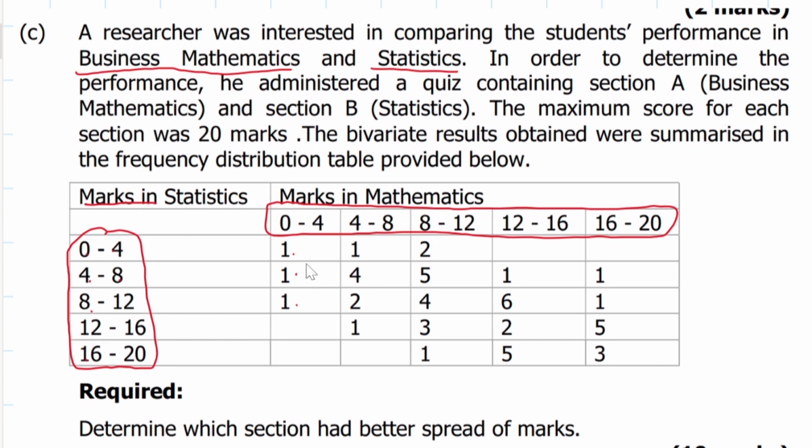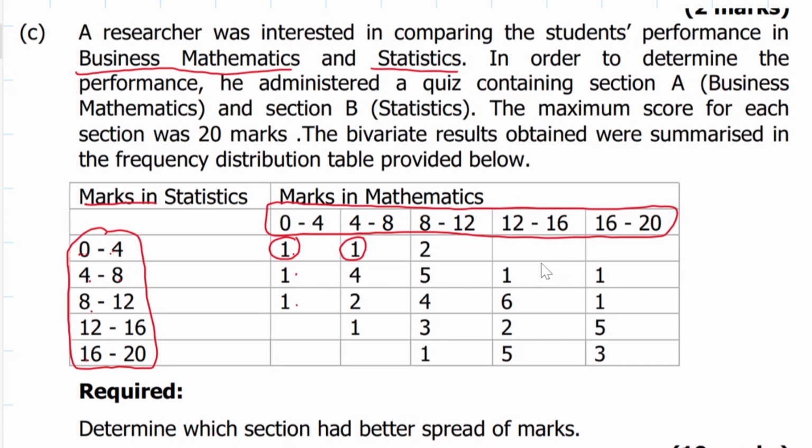And now when they're telling us that this is a frequency distribution table, it means that for people who earned 0 to 4 marks, here we have 1 person. Okay, 0 to 4. That is in statistics. Then those who earned 4 to 8, these are the marks in statistics. Okay, like that. I think you get the interpretation of the table.